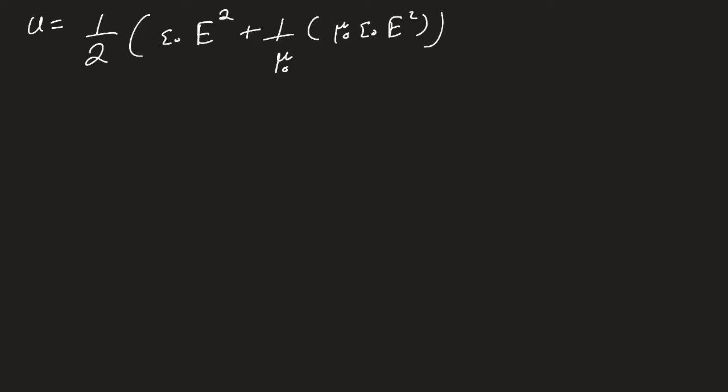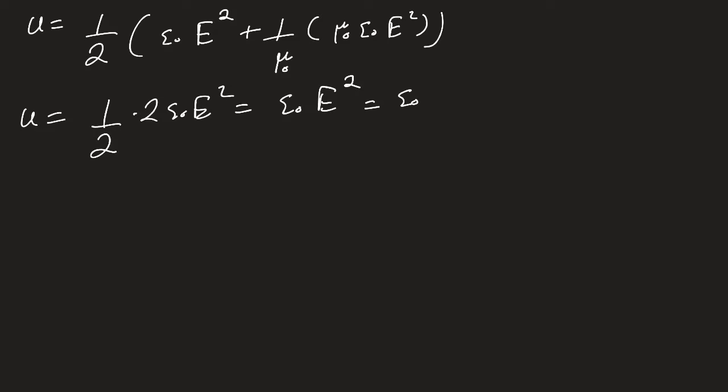So this means that U becomes equal to 1 over 2 times 2 epsilon naught E squared, which is equal to epsilon naught E squared, which is equal to epsilon naught E naught squared cosine squared of kz minus omega t.